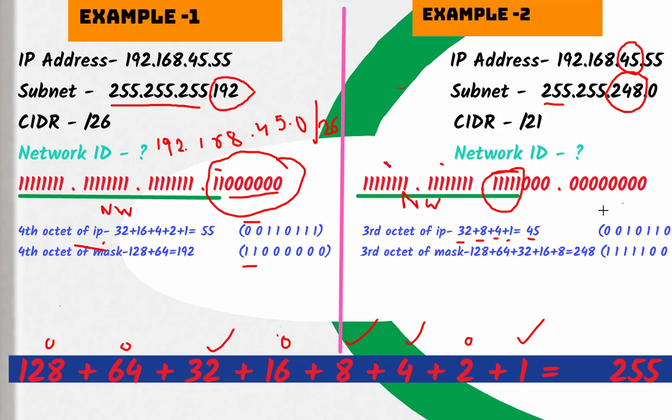So what we need to consider here is the first 5 digits, right? 1 2 3 4 5, this one. So what is the common here? The common part is the third bit and the fifth bit, right? Third bit and fifth bit. And now the third bit is 32 and the fifth bit is 8.